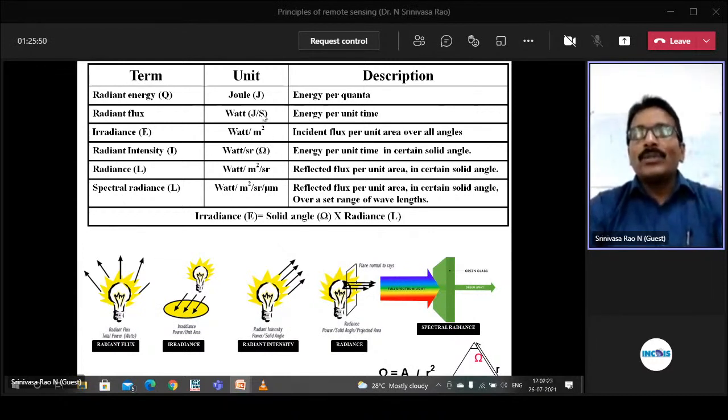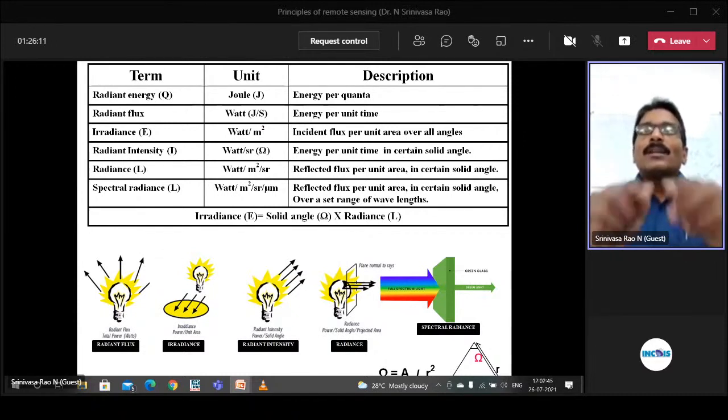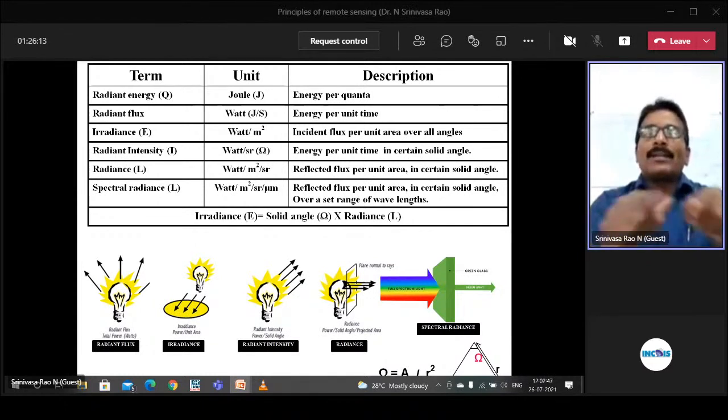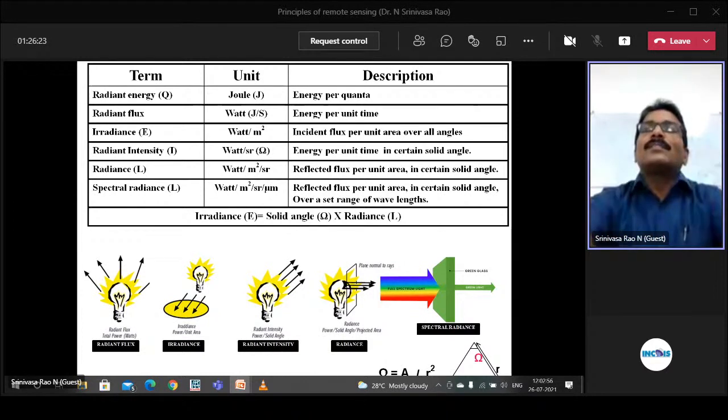Within 1 square meter area, within 1 second of time, how many packets are incident or leaving? That means, taking 1 square meter area, within the 360 degrees, how many packets of energy are incident at a particular place and how many are leaving?